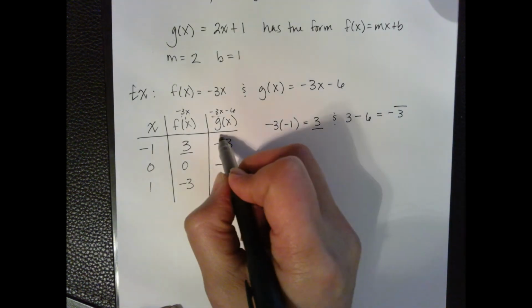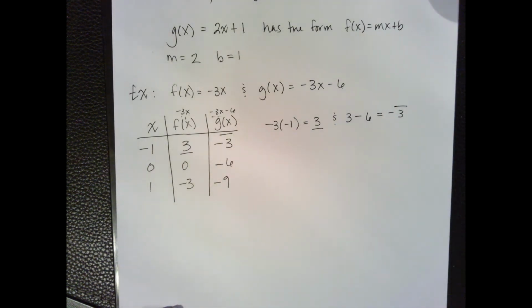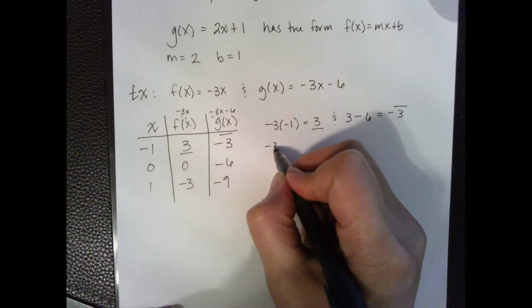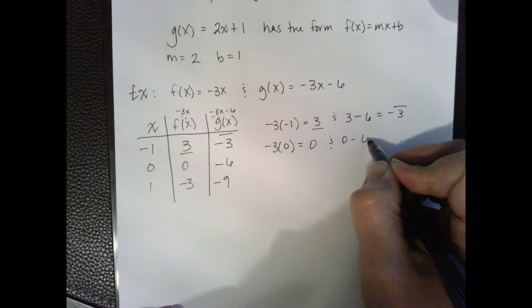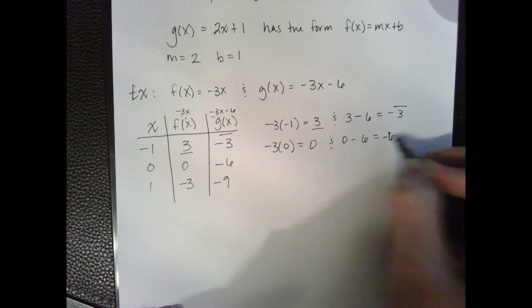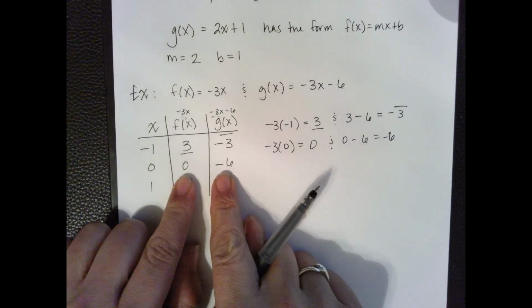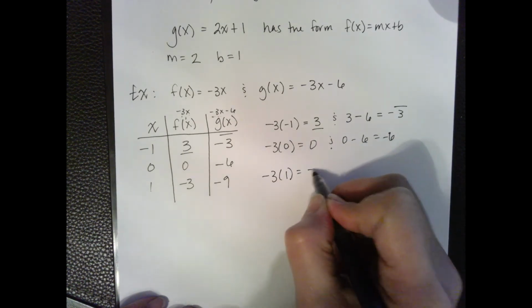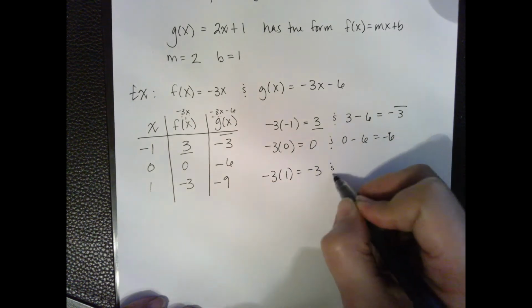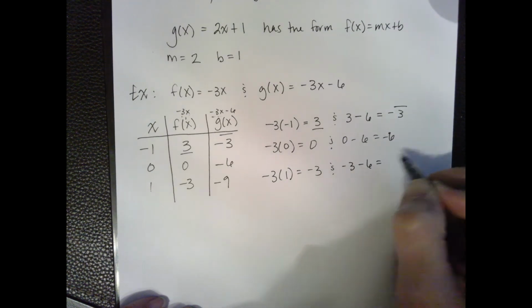If I have negative 3 times 0, that equals 0, and 0 minus 6 equals minus 6. If I have negative 3 times 1, I have negative 3, and negative 3 minus 6 equals negative 9.